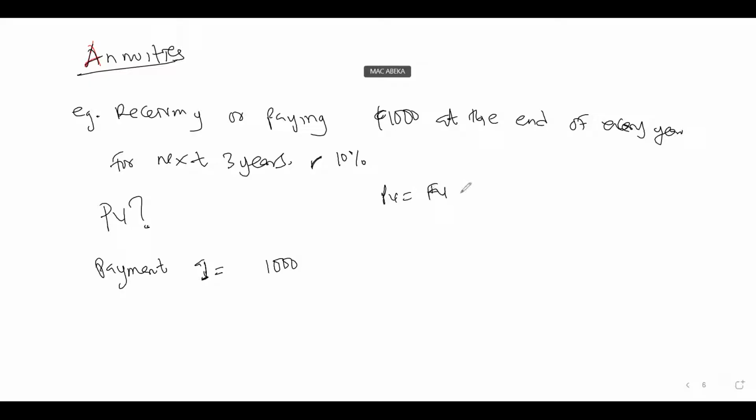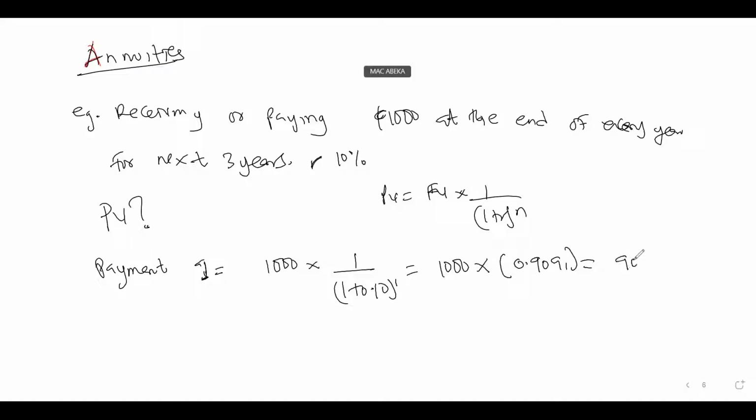Future value times 1 over 1 plus r raised to the power n. So it will be 1,000 times 1 over 1 plus 10%, raised to the power 1. We're saying 1,000 times 0.9091. You get 909.1.